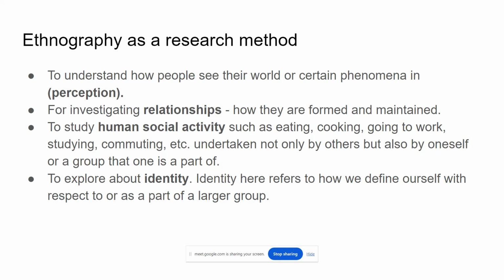Whenever you might want to know how people think when they undergo a certain phenomenon, or what their belief systems are, that is a huge area where ethnography comes into the picture. That is another aspect which is broad enough to be researched.